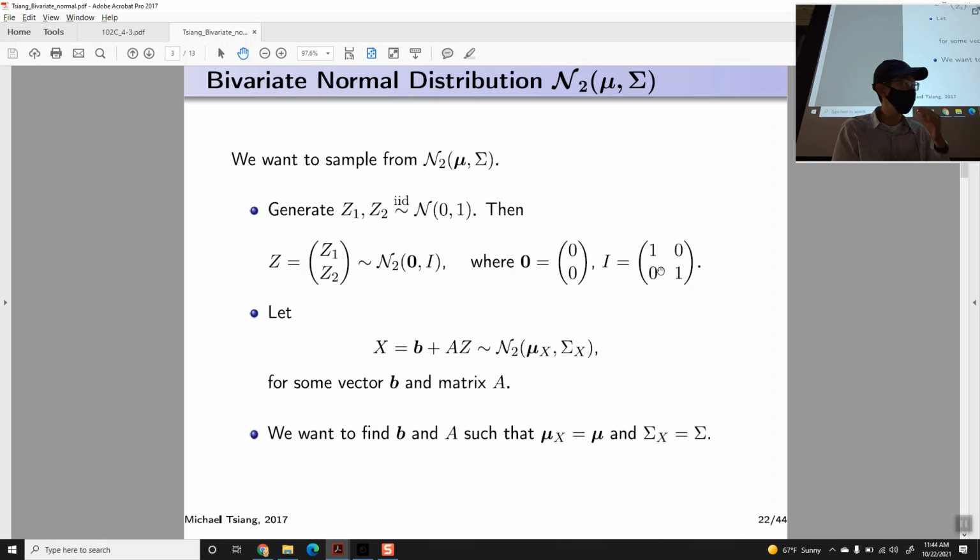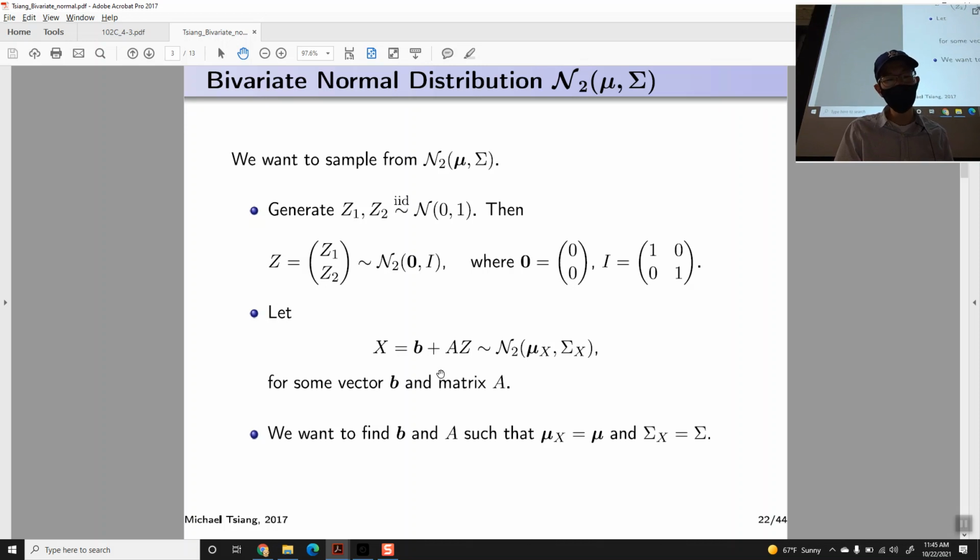And we're going to say, all right, let X be equal to some vector B plus some matrix A times Z. If that's the case, then X will come from some bivariate normal distribution, and we want to figure out what the properties mu X and sigma X are.